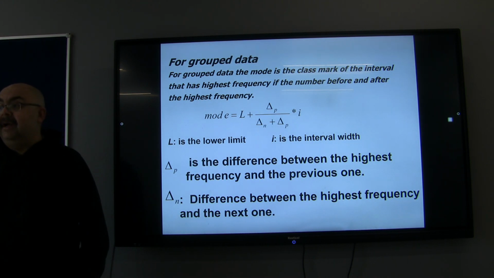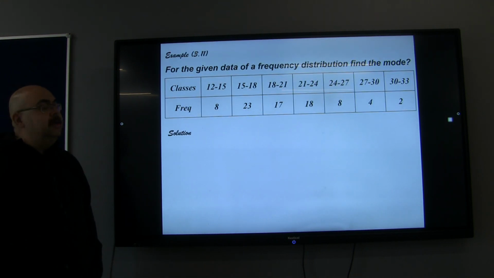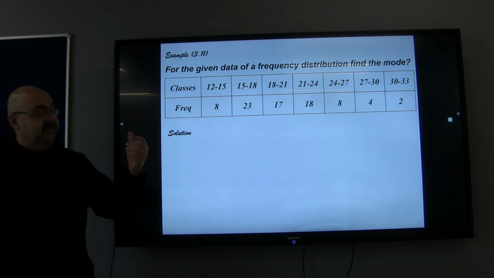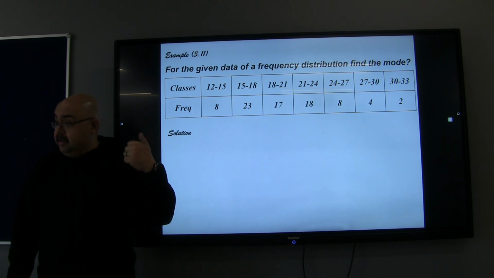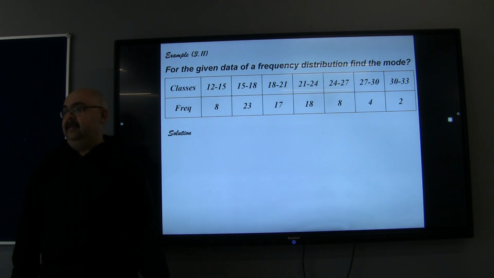If we want to evaluate the mode for grouped data, or data with a frequency distribution, what do we need? We will need just the frequency. Remember my words: to evaluate the mid-range, you need the observations only.